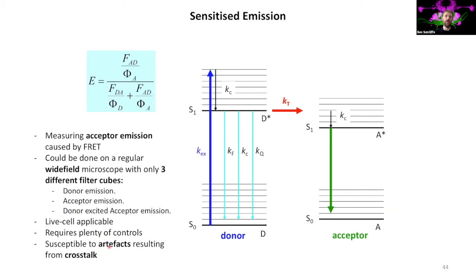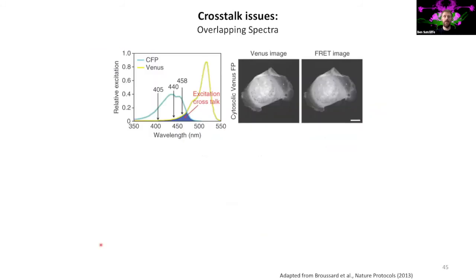So these are the artifacts that you can have in the sample. The problem of crosstalk is due to the fact that we're working with 2 fluorophores which have overlapping spectra, which is what we need for FRET to work, but it can be a problem when it comes to crosstalk.